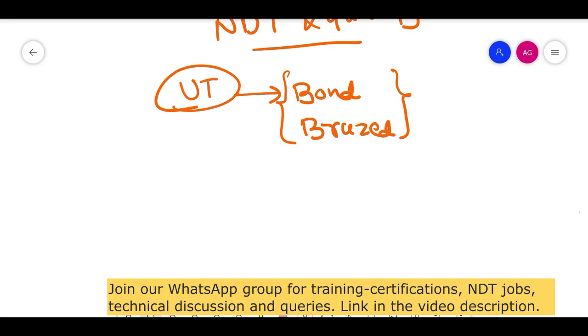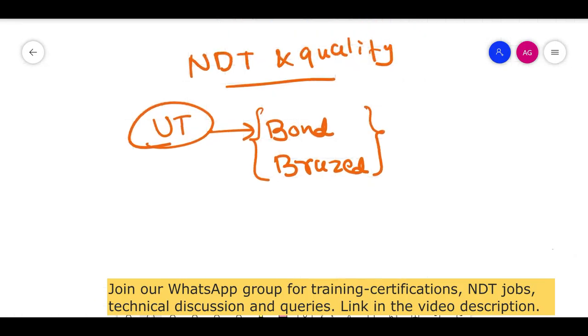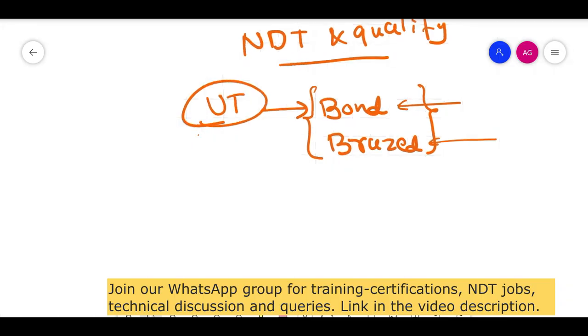Generally liquid penetrant, ultrasonic, etc. methods are used. First of all we will see whether it is a bond joint or a braze joint, what kind of design it is, and after that how we have to do UT in it.